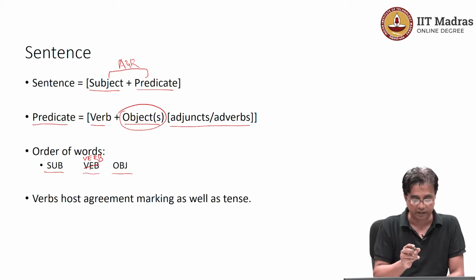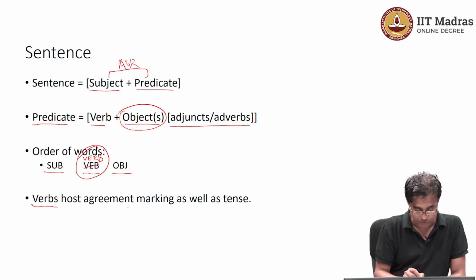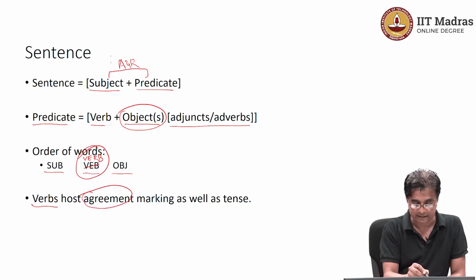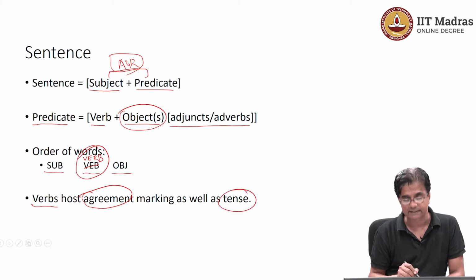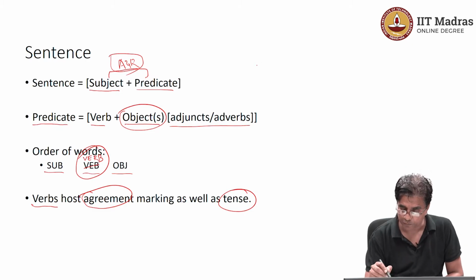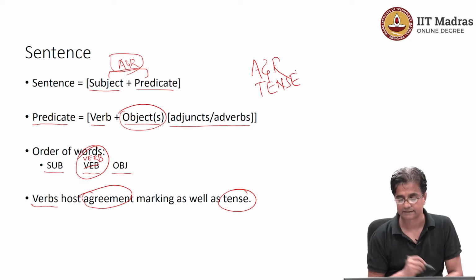And then finally, we need to know that it is the verb, this part of the sentence, which hosts agreement marking and tense in a sentence. So, there are two parts that are crucial. One is agreement and the other is tense.